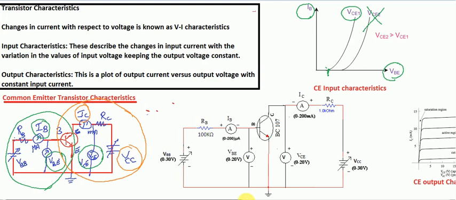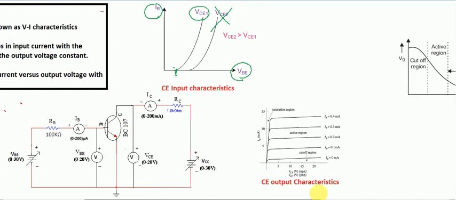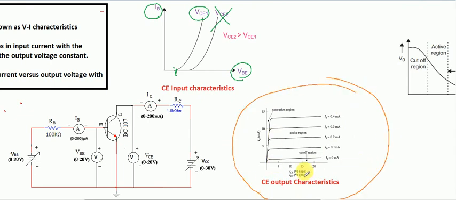You can see the graph here, the common emitter output characteristics. Just consider only one for IB equal to 0.1 milliampere, as the voltage across collector and emitter, the output voltage, increases.